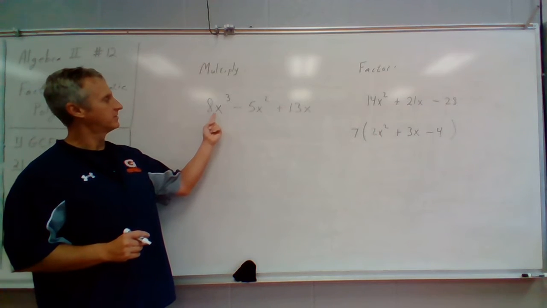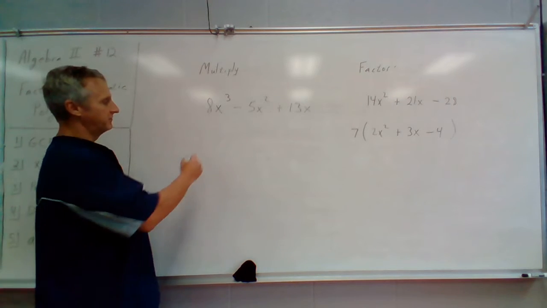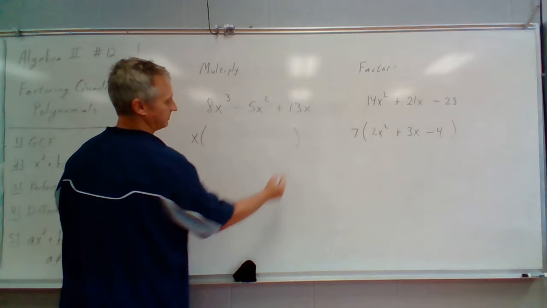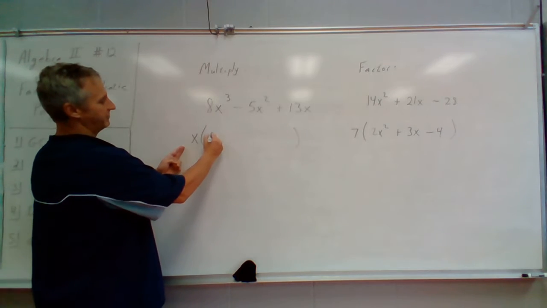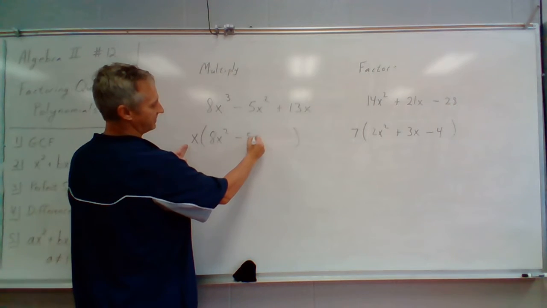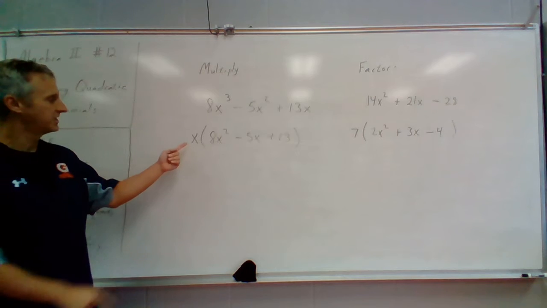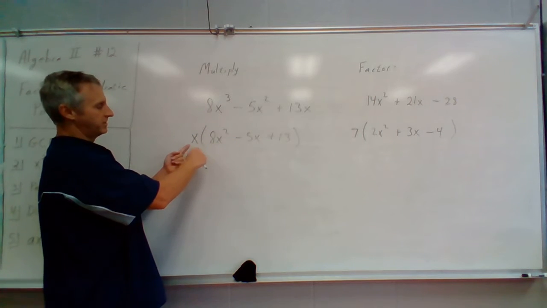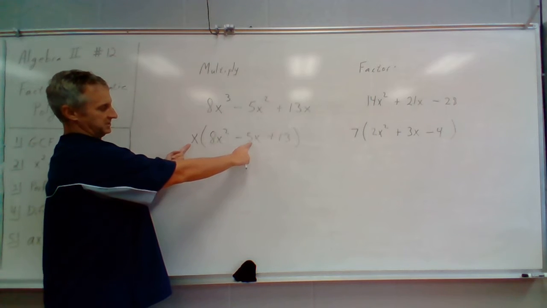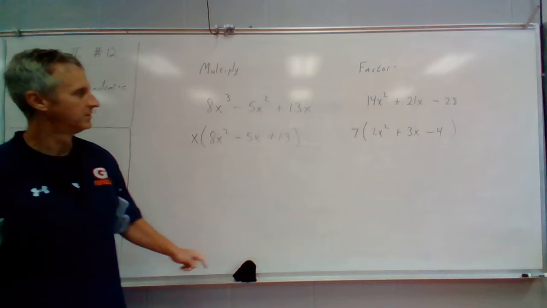But notice that there's an x in each one of those terms. So here I could factor out an x. If I did that, I would be left with 8x squared minus 5x plus 13. Double check ourselves, just distribute the x through. x times 8x squared is 8x to the third, minus 5x squared, plus 13x.